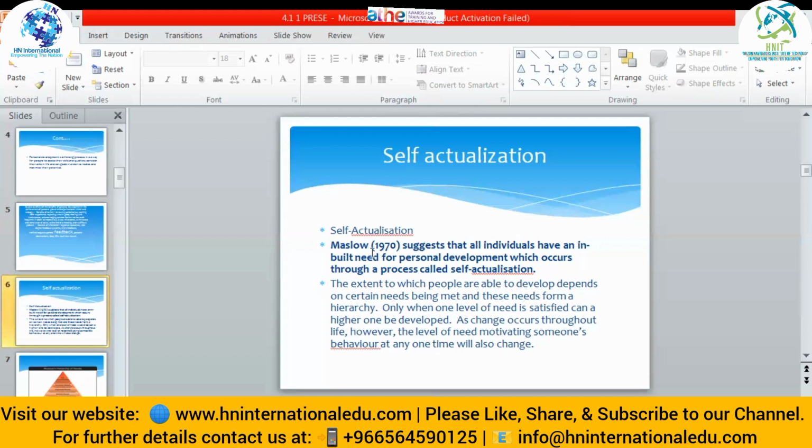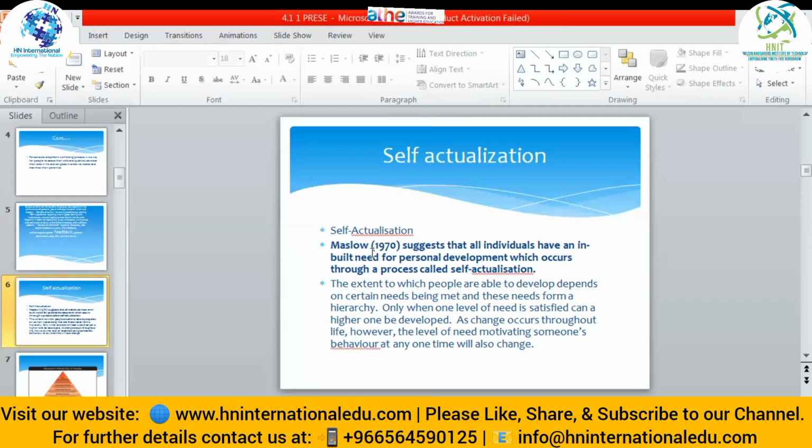Self-actualization, understanding what you want and what you are capable of doing is very, very important. Maslow suggested that all individuals have an inbuilt need for personal development, which occurs through a process called self-actualization.